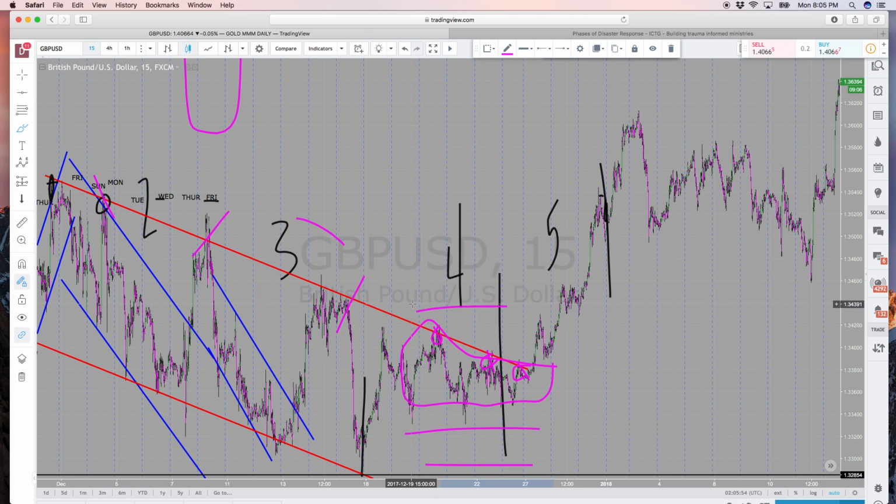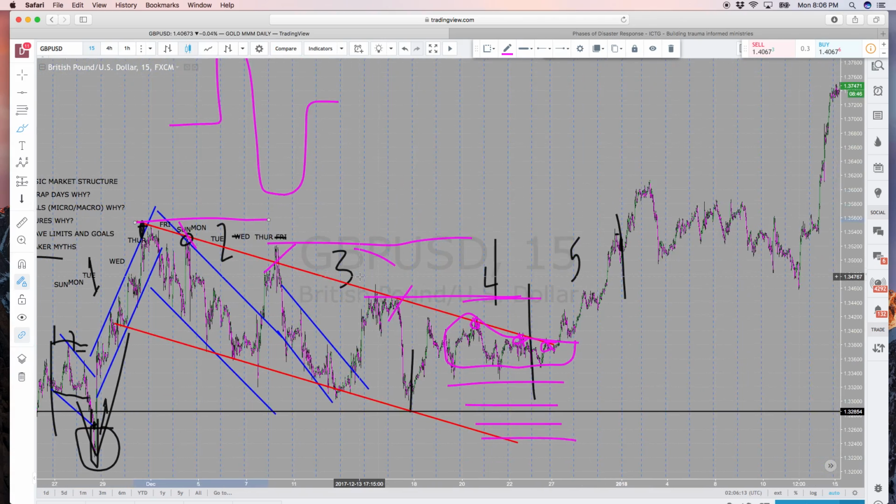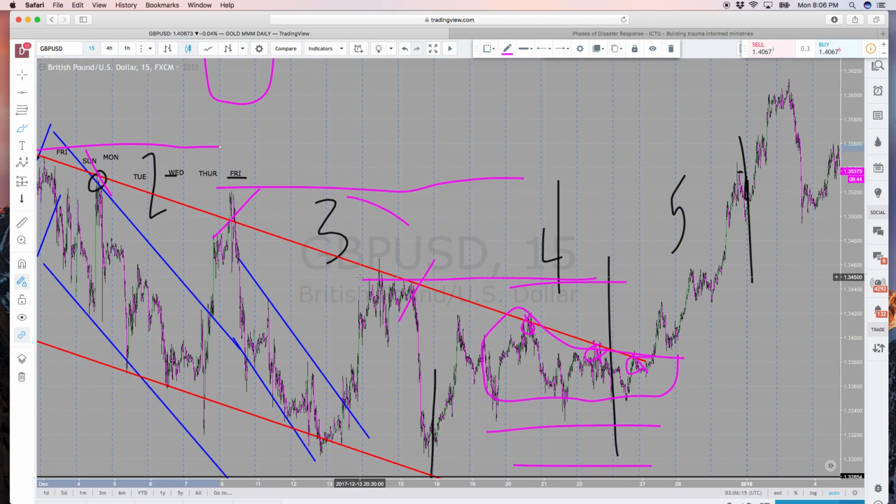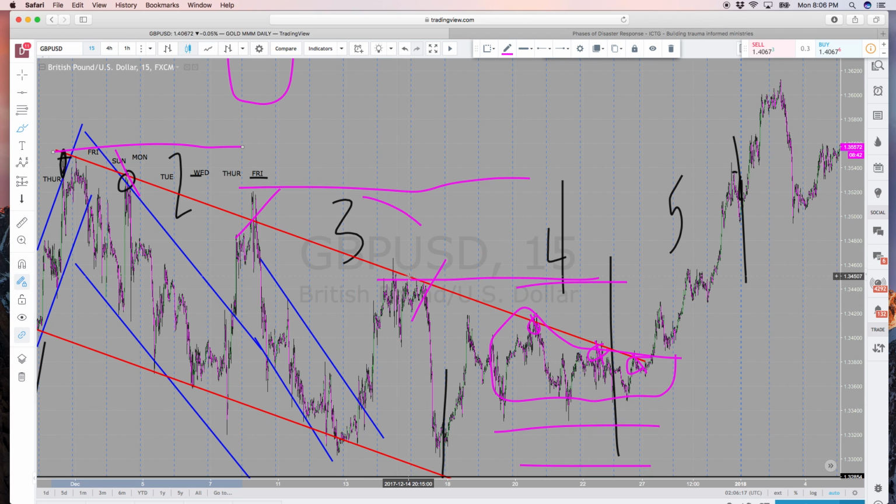Why is that? Okay, their stop losses are not only right here, but they're going to be above this high, and above the high of the month, right? Not only do they have stop losses above the previous highs, but they also have their stop losses above the high of the month.